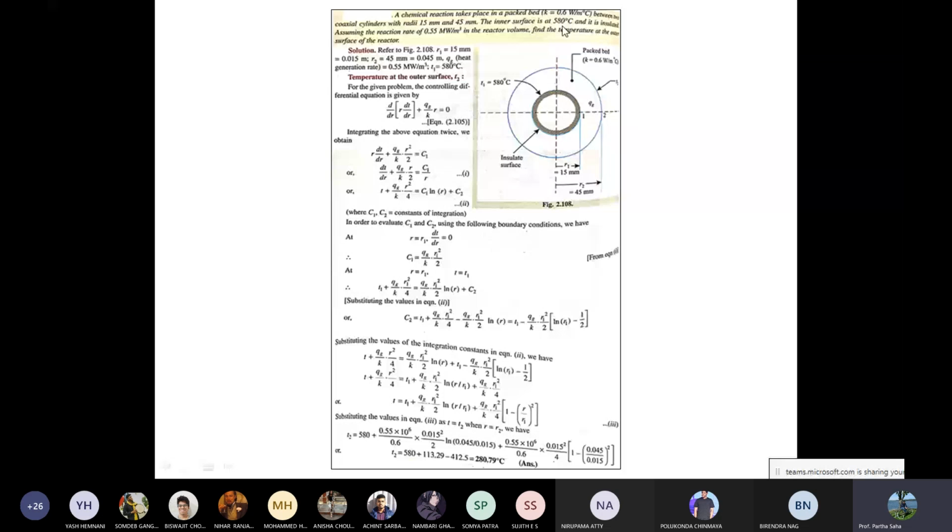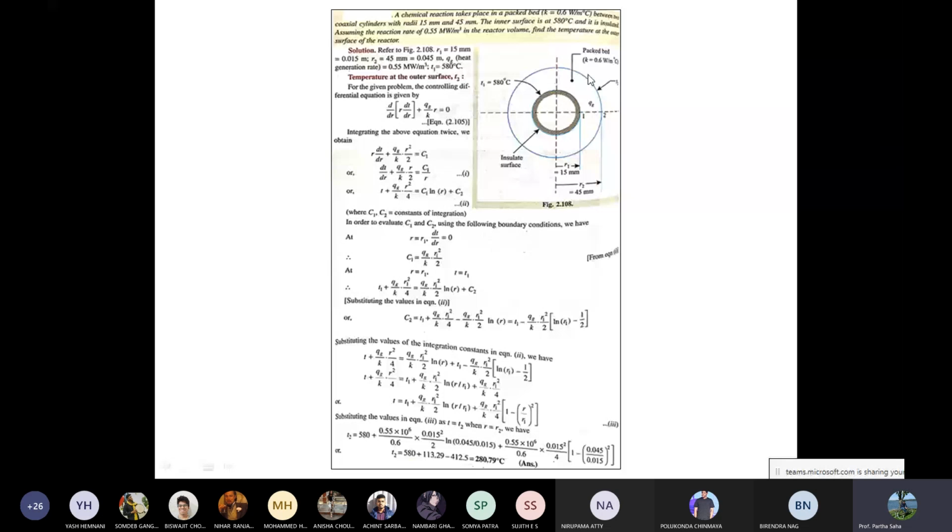Assuming the reaction rate 0.55 milliwatt per meter cube in the reactor volume, find the temperature at the outer surface of the reactor. This is the insulation. Inside radius is given 15 mm, outside 45 mm, as you can see. The packed bed thermal conductivity is given 0.6.